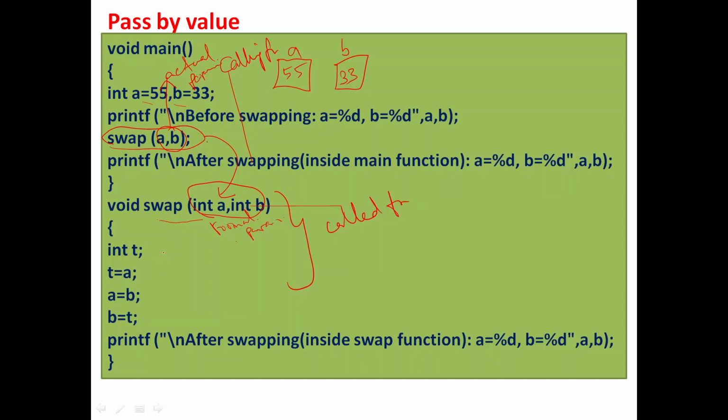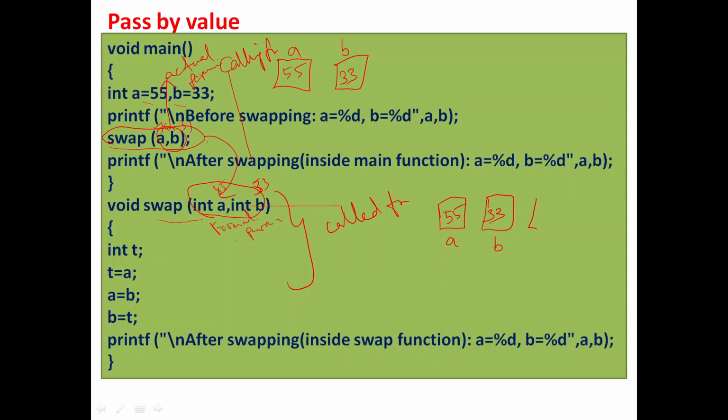When we pass these two values, the formal parameters a and b will be created. Here we are passing only the values, that is 55 and 33, so those values are stored in the formal parameters.